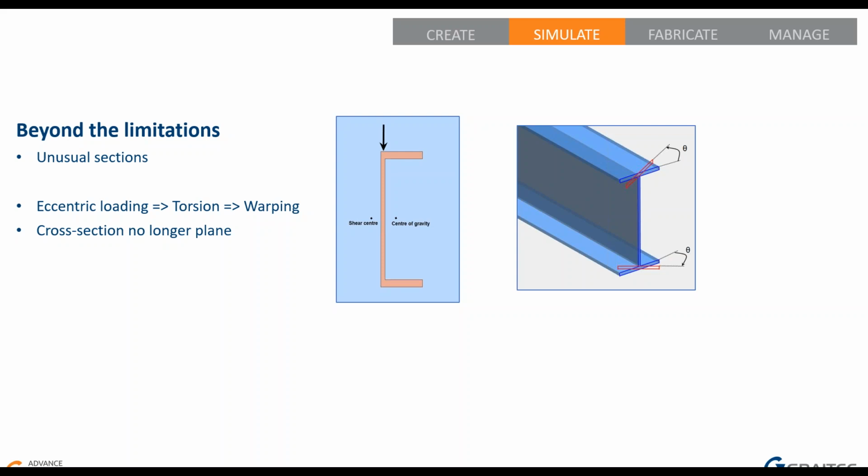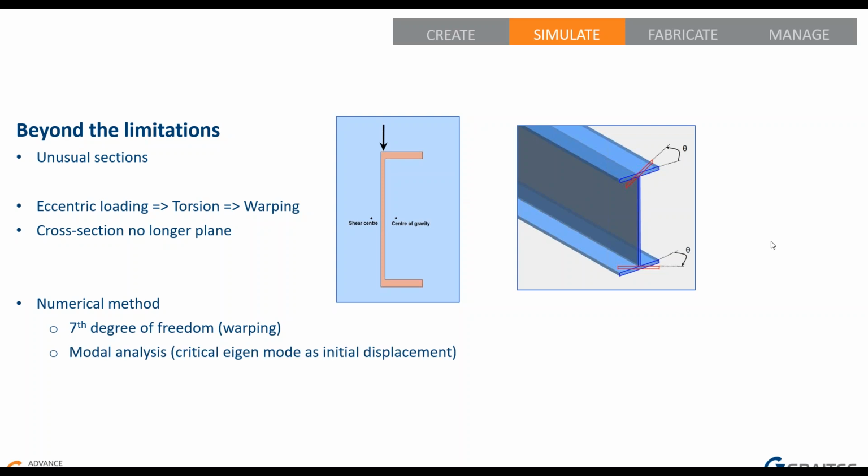Basic formulas won't stand there, and you will actually need a very sophisticated numerical solution, one that will handle a seventh degree of freedom to account for warping, and one that will perform a modal analysis, because the imperfections will be given by the shape of the critical buckling mode that will be scaled and turned into a displacement.